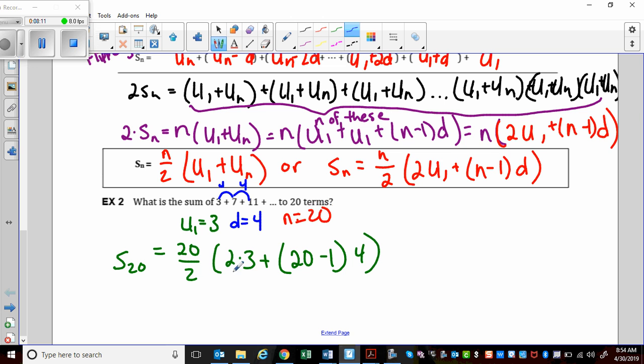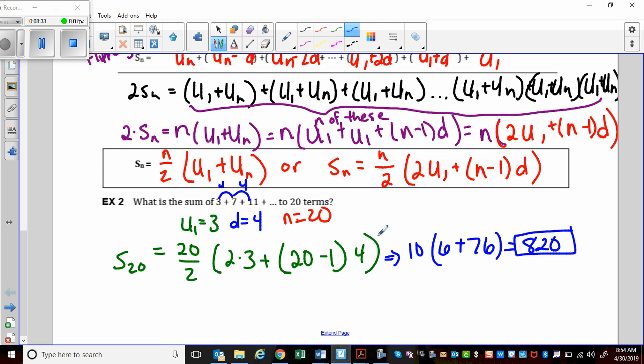Alrighty, you can actually just put this in the calculator. I know that 20 over 2 is 10, and then this is 6 plus 76 equals maybe 80. So 82, so 820.